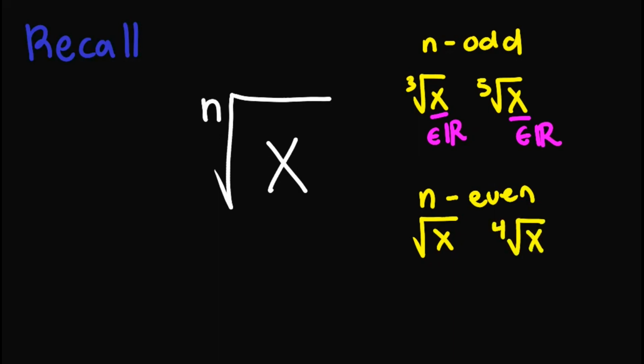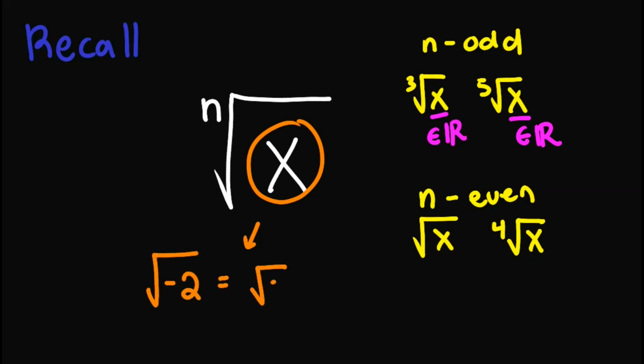Note that if n is even, recall that the expression inside cannot be negative. Since if it is negative, say we have the square root of -2, this is equal to square root of 2 times square root of -1. We'll have i square root of 2, and i is an imaginary number.